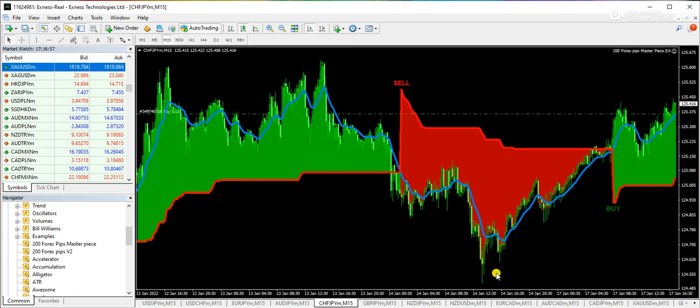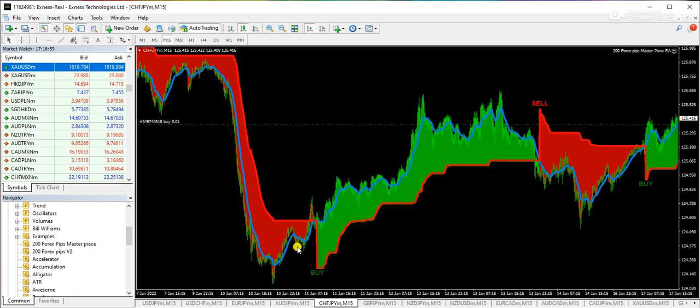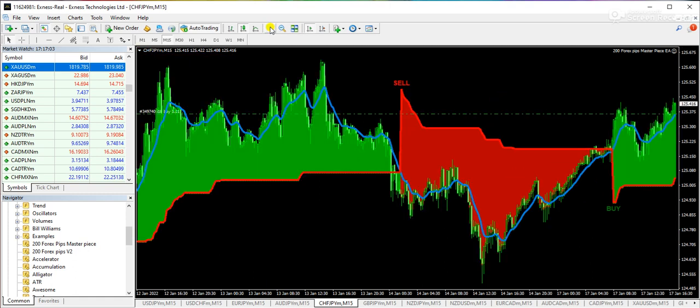The previous signal was a big sell, and further back was a big buy and a big sell. So overall, this indicator is not comparable with any indicator available on the web for MT4. This is the best ever indicator that I can say.